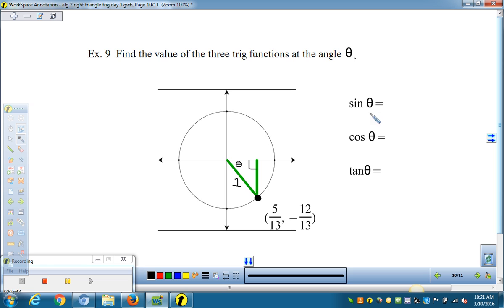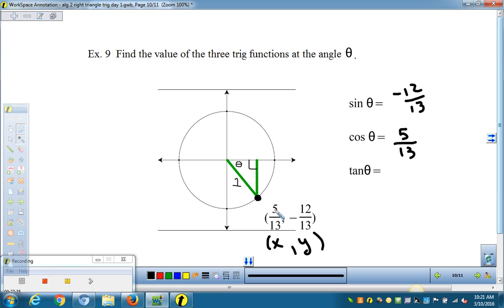If I ask for the sine of theta, do we want the x coordinate or the y coordinate for sine? Which was it? Yep, so here's our x, here's our y. So the sine of theta is the y coordinate, and you can just get it: negative 12 over 13. Cosine theta? 5 over 13, it is the x value.